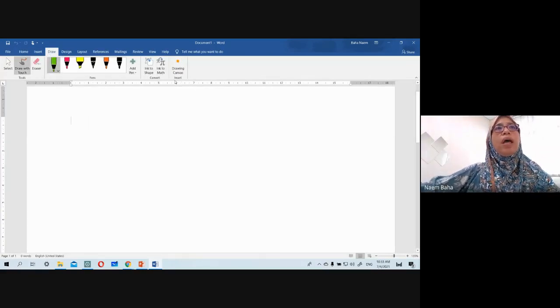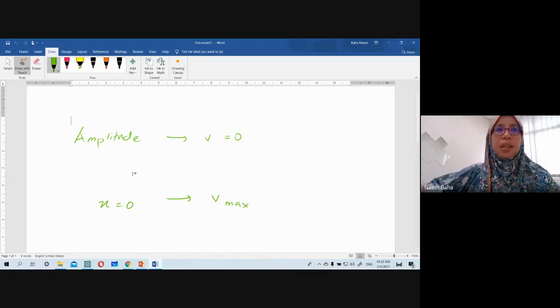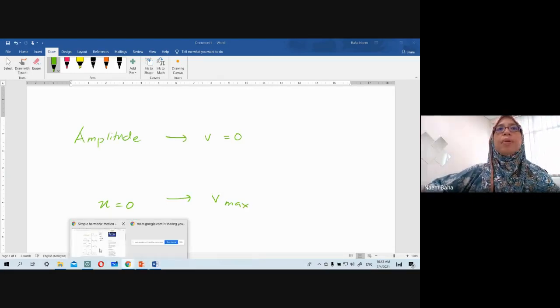At the amplitude, what happened just now? V is 0. At x equivalent to 0, what happened just now? V is at the maximum. That's the essence.